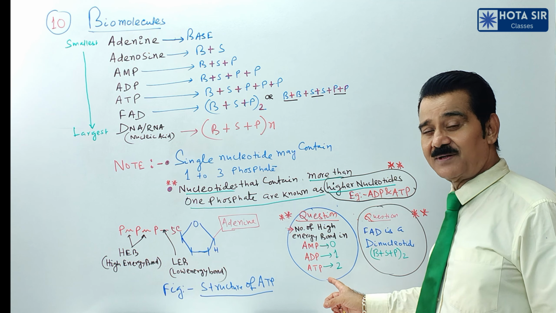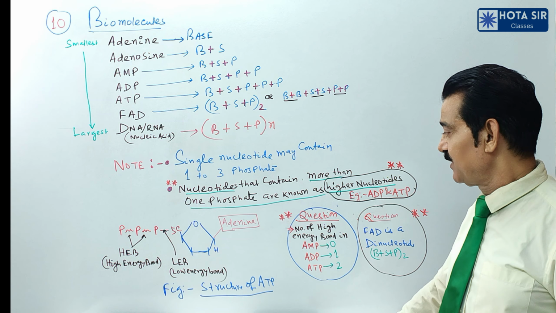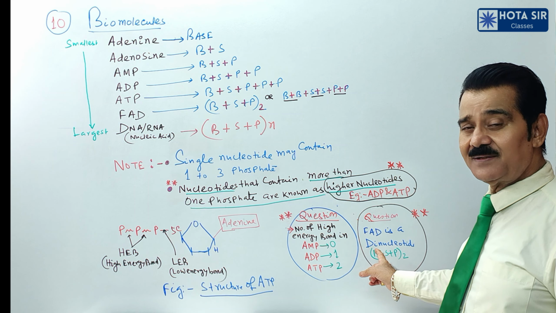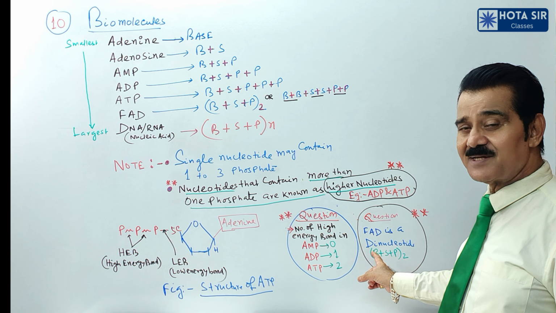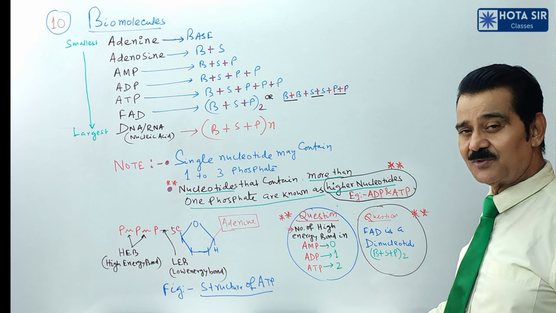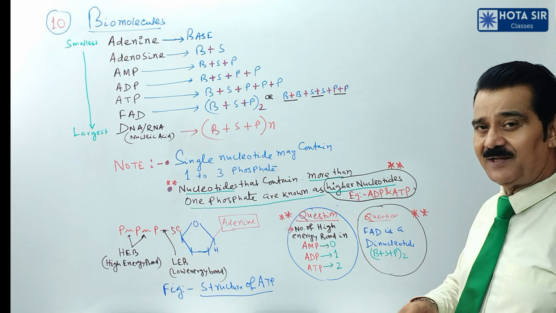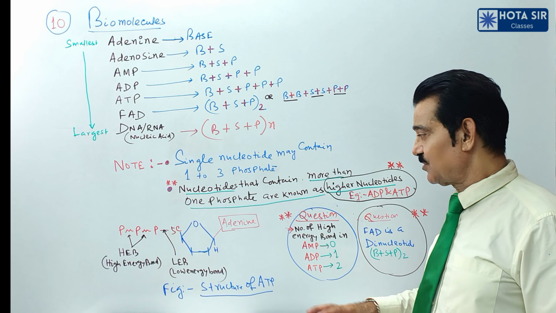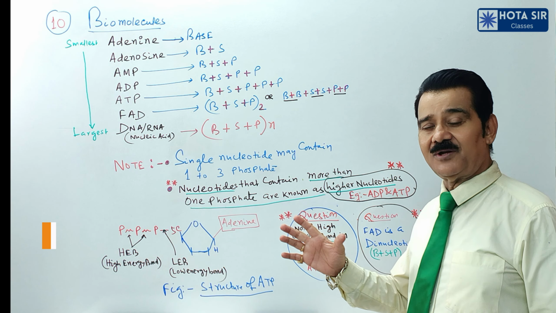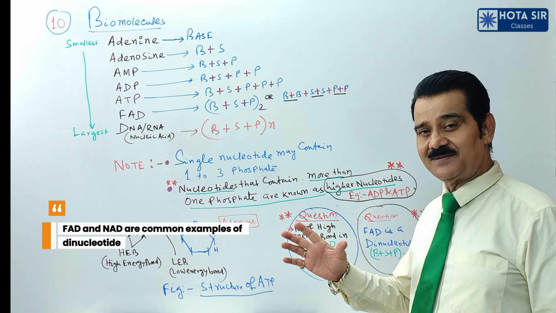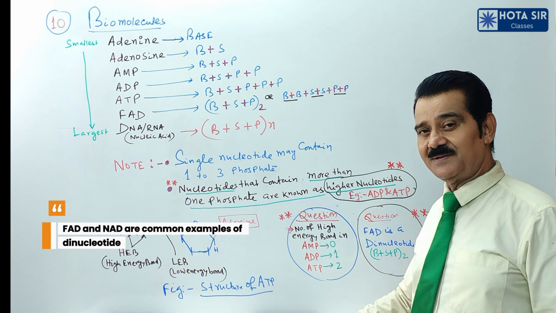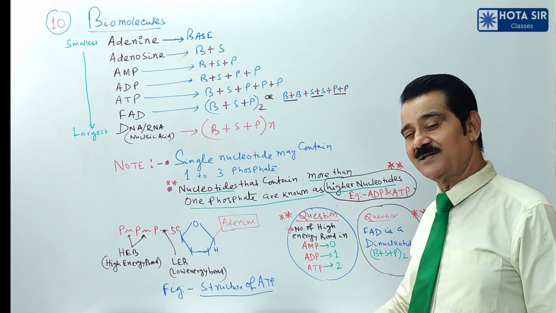Very, very important questions. Clear? Now, another question. Which of the following is an example of dinucleotide? The answer will be FAD. Clear? So this is all about the biomolecules related to nucleic acid and important questions that can be asked in NEET and board examination.